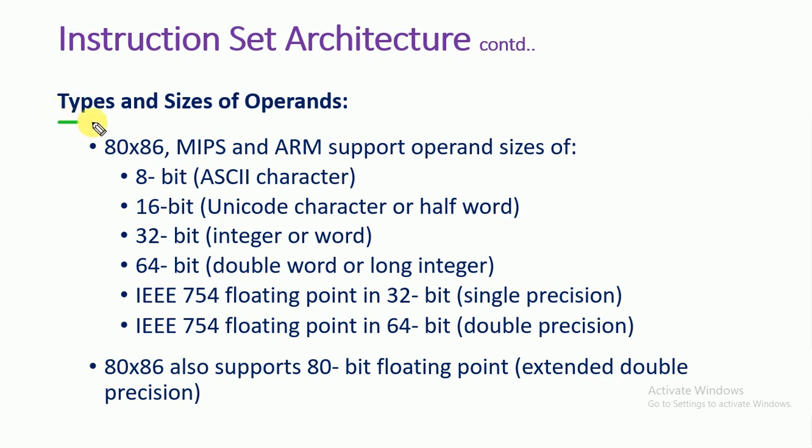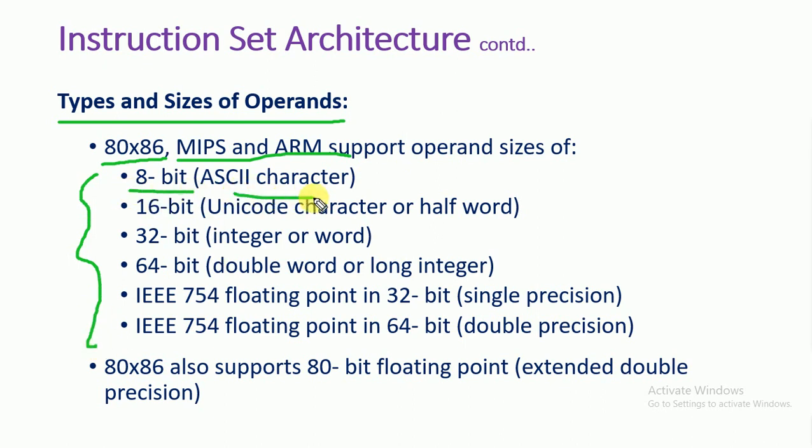Now the next point is types and sizes of operands used in the instruction set architecture. We have taken one example from 80x86, and even MIPS and ARM all support several operand sizes. We can use an 8-bit normal ASCII character.